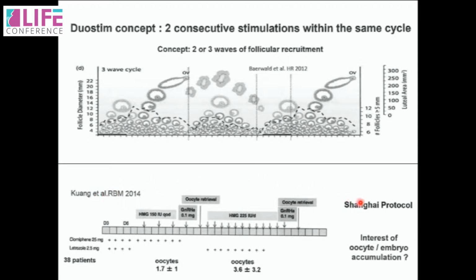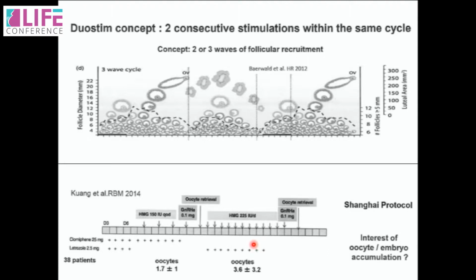And the following is Huang's Shanghai protocol published in 2014. He would use clomiphene and letrozole to start off, and then HMG 150, and then this would be the agonist trigger and retrieval. He can actually start right away, following by 2 to 5 units without a gap because he used only agonists, but letrozole would go on until the follicles get to about 12.